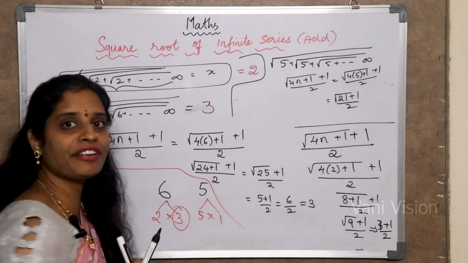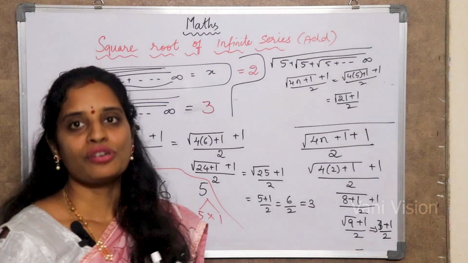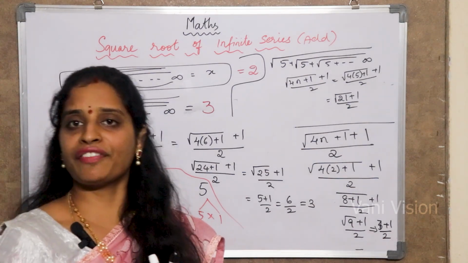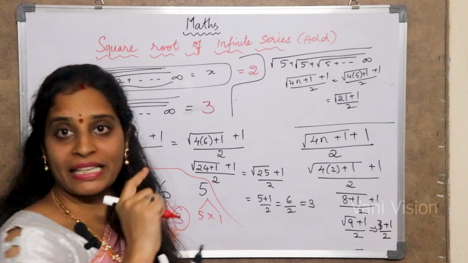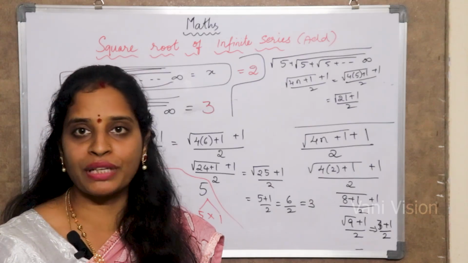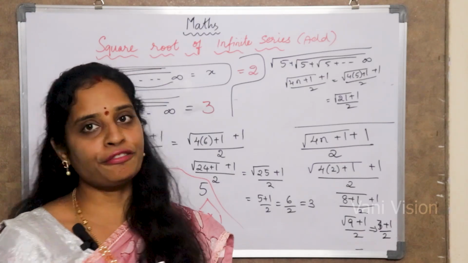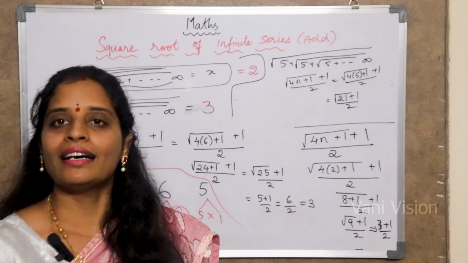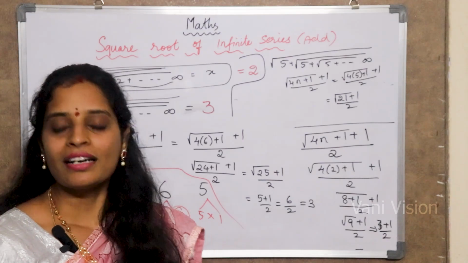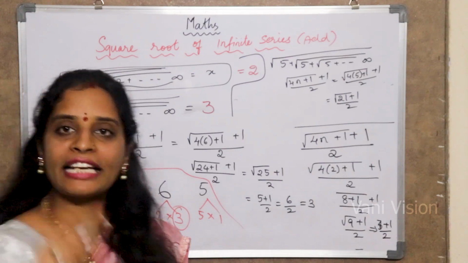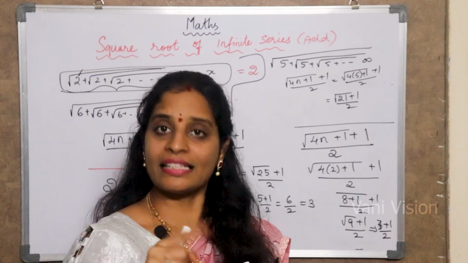But for 5, can we use that method? No. If they have given you the number 12 in place of 6, can 12 be written as a consecutive product? Yes. 3 into 4. Now what will be the answer for it? It is 4. Clear?